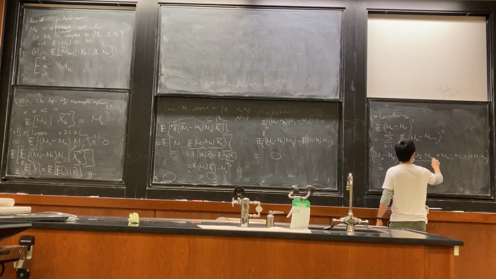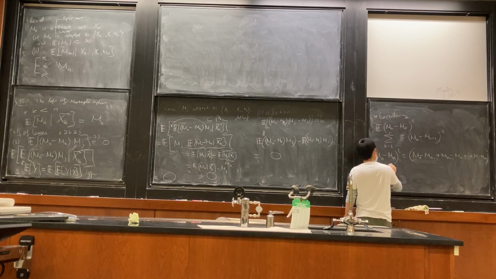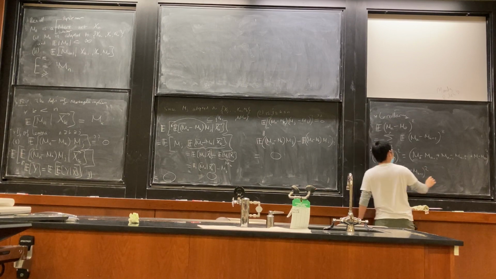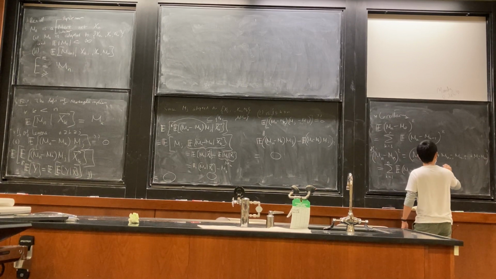So let me keep that. We have a summation, expected value of M_k minus M_{k-1} squared, k from 1 to n, and then they have the cross term, something like this, for i less than j.